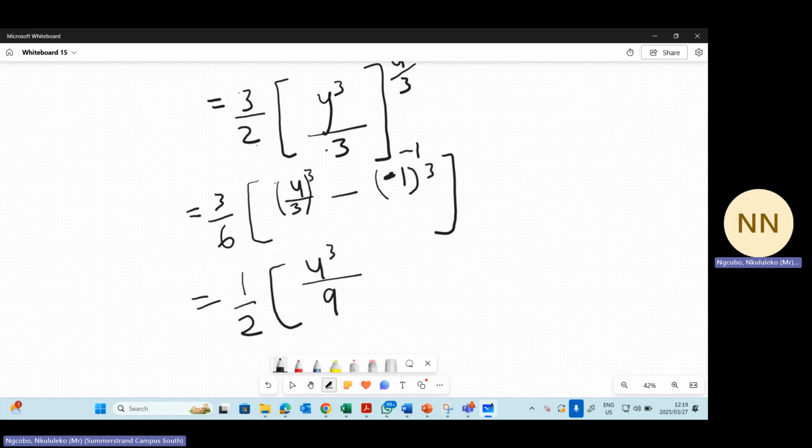No, we made a mistake here. 3 cubed is not 9, it's 27, right?